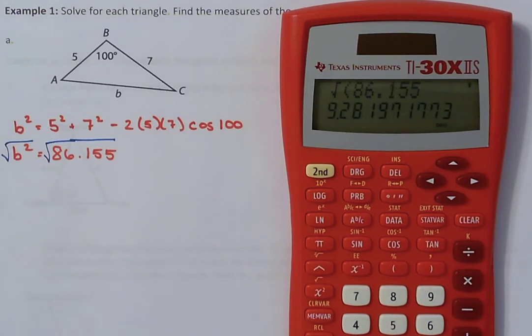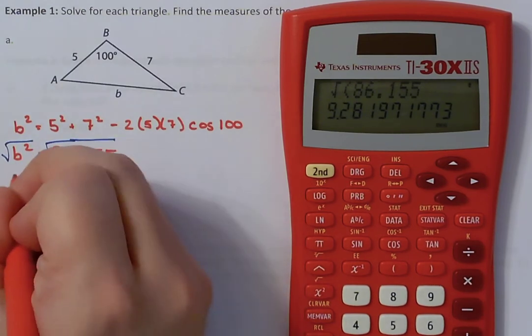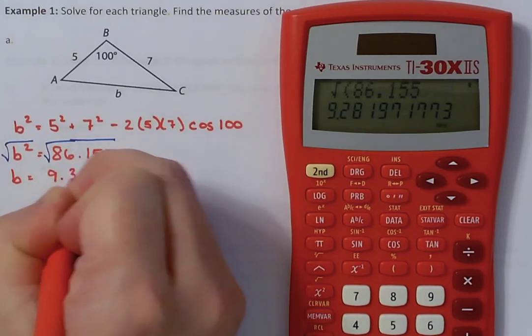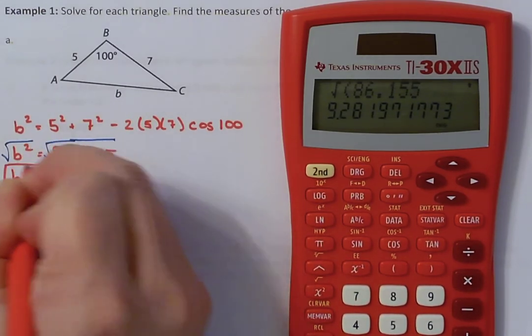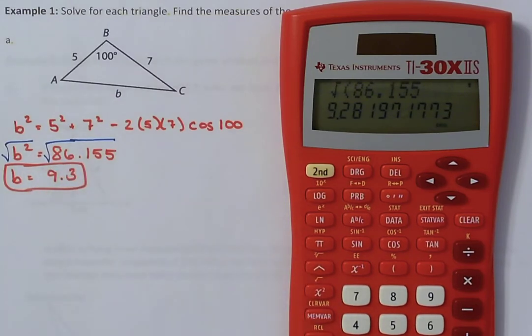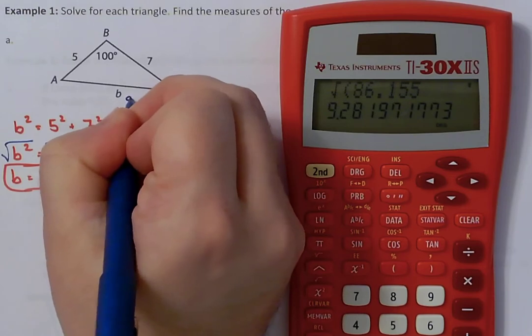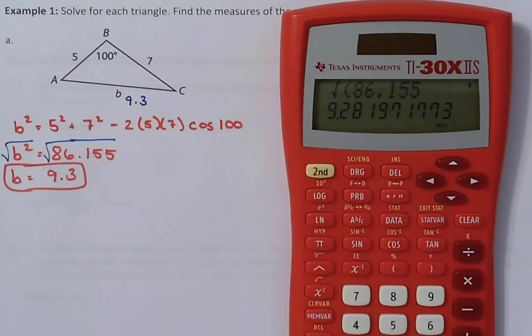We're going to end up with 9.28, and if we round to the nearest tenth, we should get 9.3 for the length of side B. So that means B is 9.3. And that is how you use the law of cosines to find a side length.